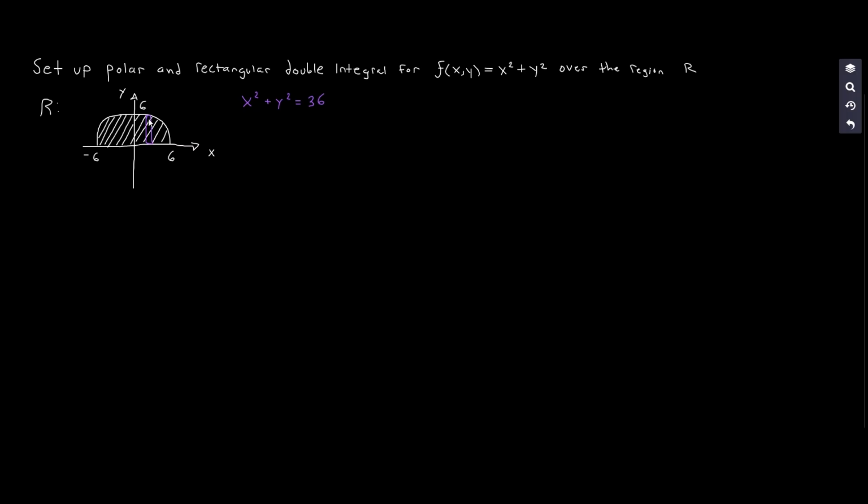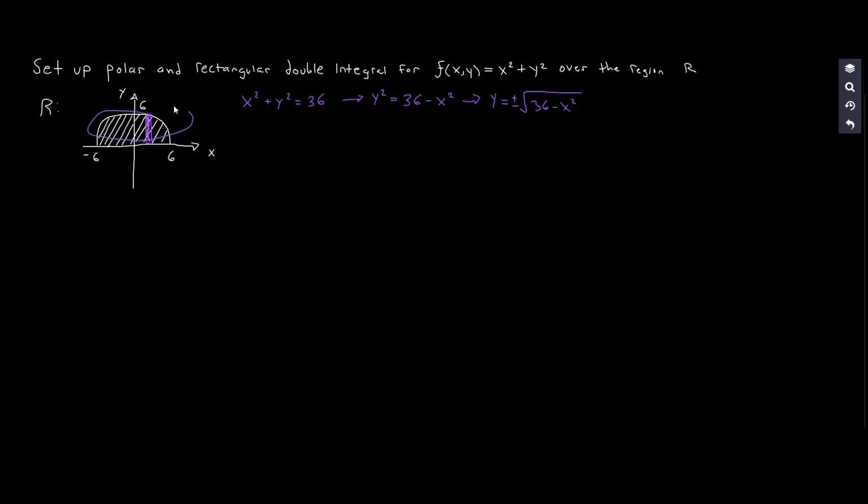So let's solve this for y. y squared equals 36 minus x squared, and so y equals plus or minus the square root of 36 minus x squared.